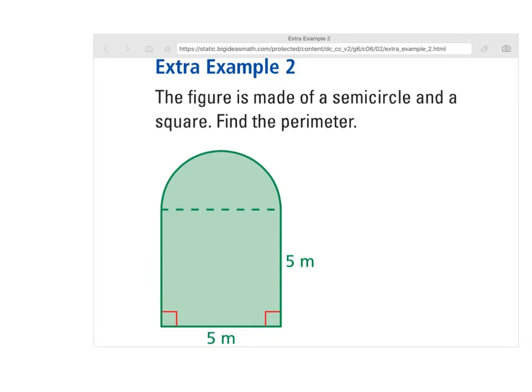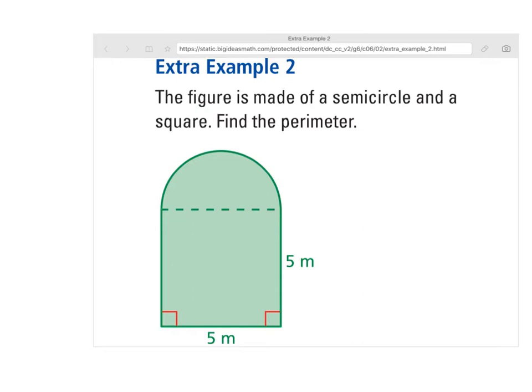For this example, we have a semicircle and a square. Find the perimeter. Well, first let's start with the easy part. We have our straight edges, which is 5 plus 5 plus 5. So 5 times 3 is 15, and this is meters. So now we need to do the semicircle. Do we know the diameter here?